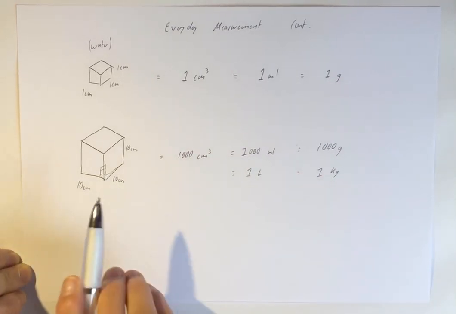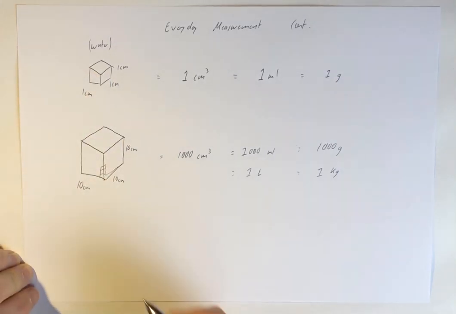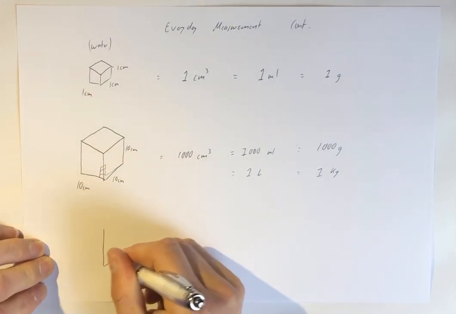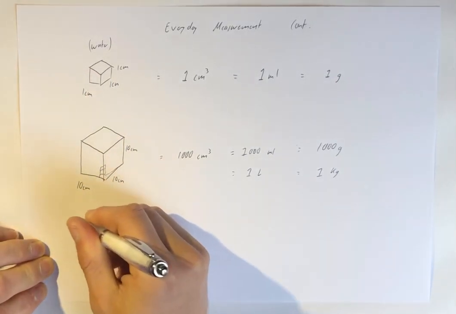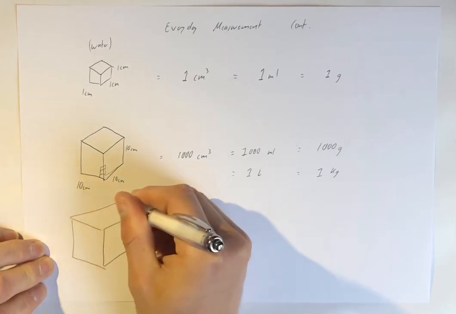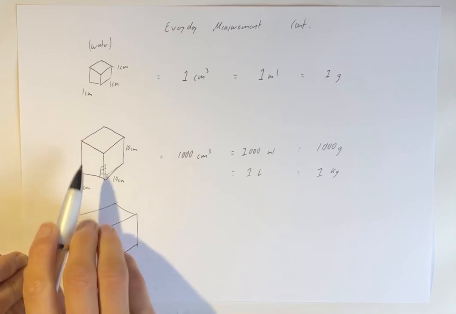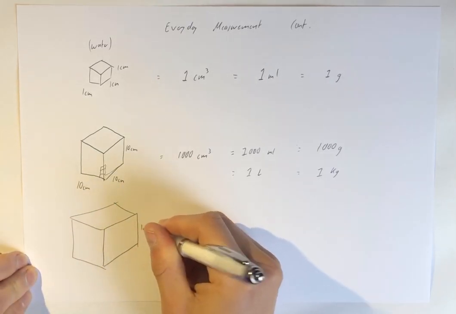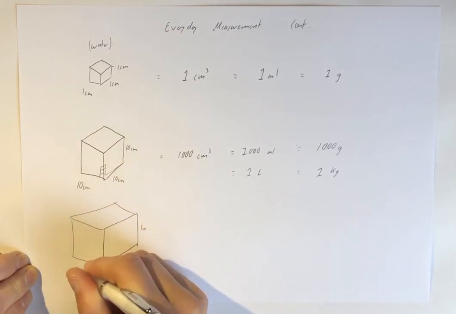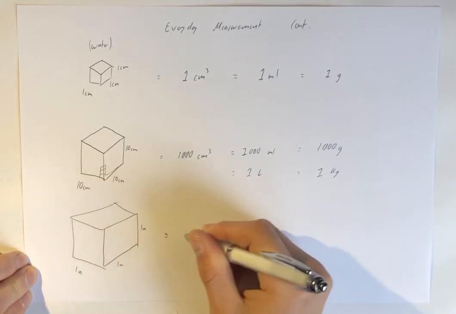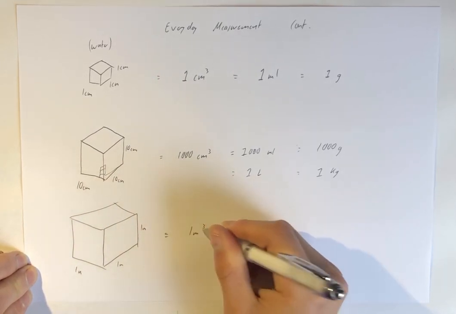Okay, what if we stacked 100 of these on top of each other? What if we did 100? Well, 100 centimeters would be 1 meter by 1 meter by 1 meter. So this is 1 meter cubed.